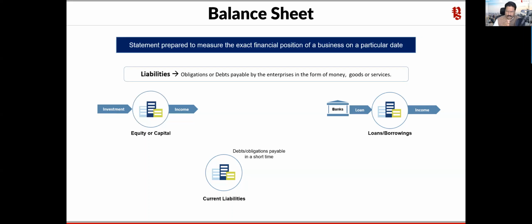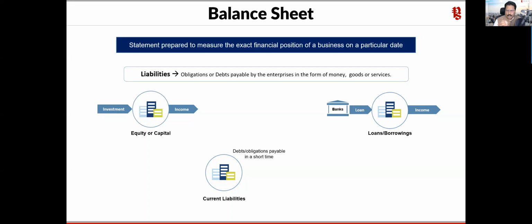So what is the difference between a savings bank and a current account? See, in a savings bank, the terminology itself is an indication that this is an account you open in the bank to save your excess funds in a safer place. There are restrictions in the savings bank account, like you cannot withdraw money beyond a stipulated number of times in a given month or in a given period, right?